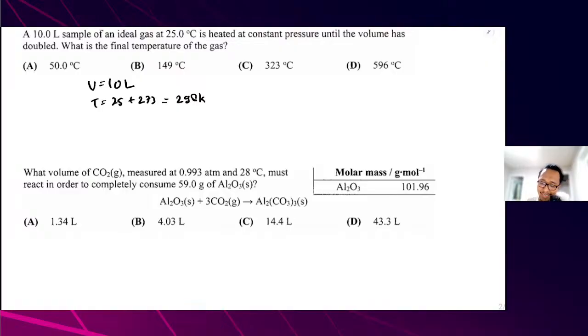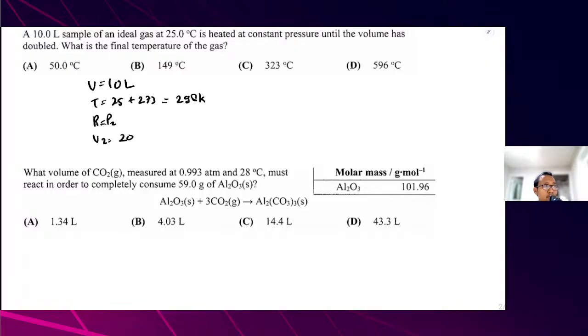And then it is heated at constant pressure, so pressure P1 and P2 is the same until the volume is doubled. V2 is 2V1, which is 20.